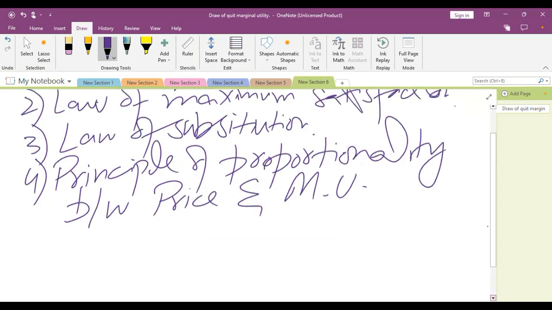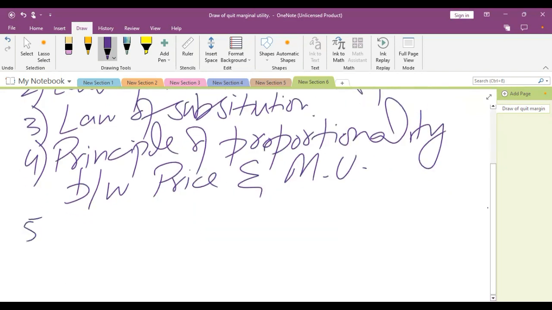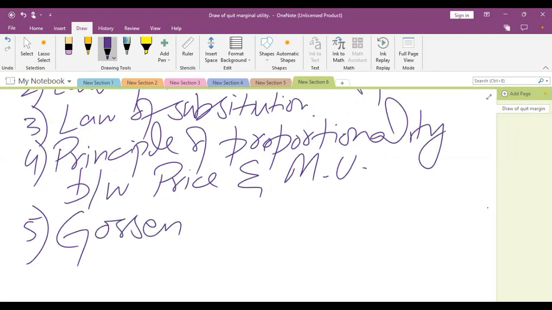And the fifth name that can also be used is Gossen's Second Law.